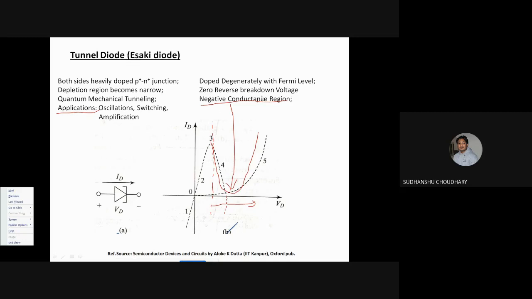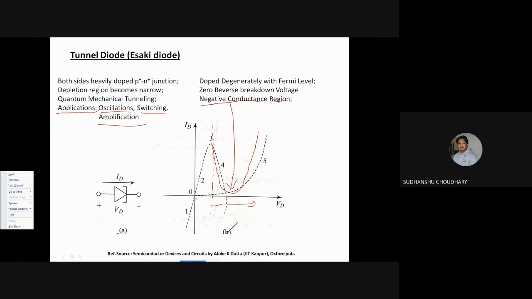This negative conductance region has certain applications which make the tunnel diode useful. For example, for implementing oscillators or oscillations, for switching purposes, and also for amplification purposes, the tunnel diode can be utilized.